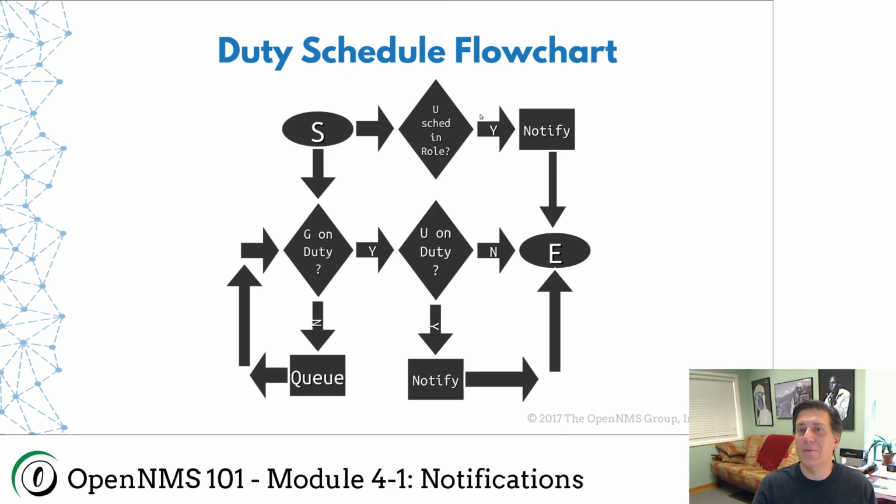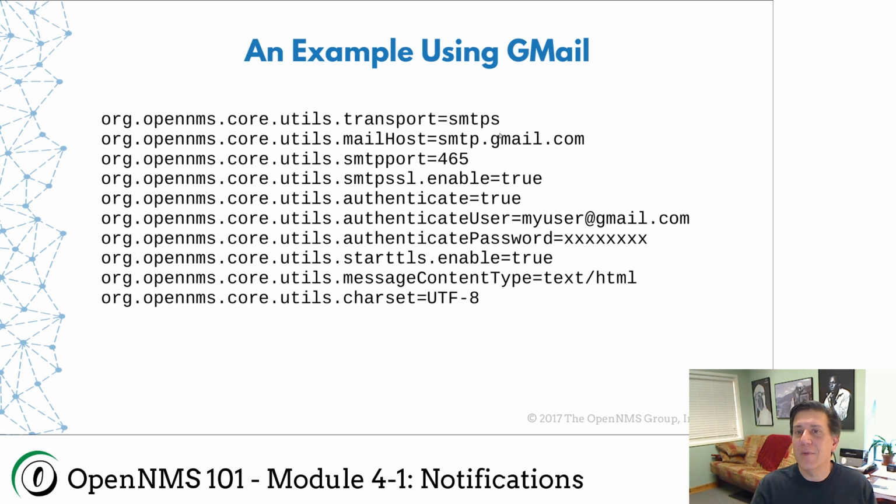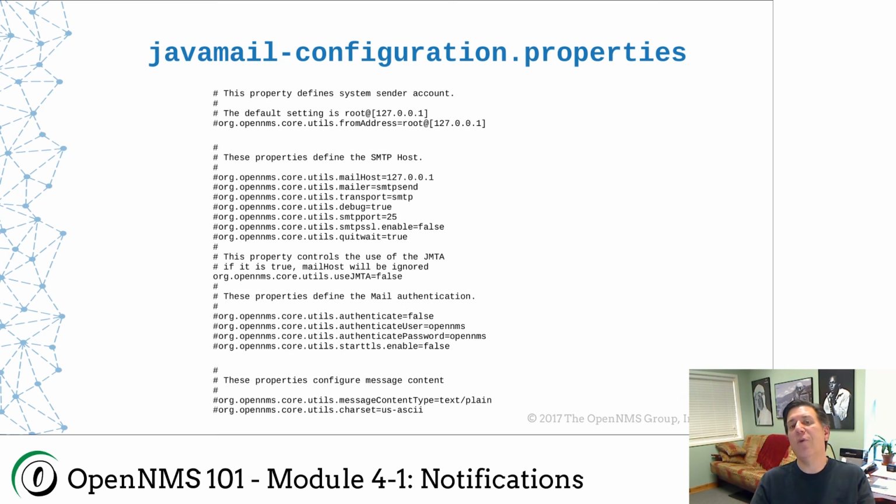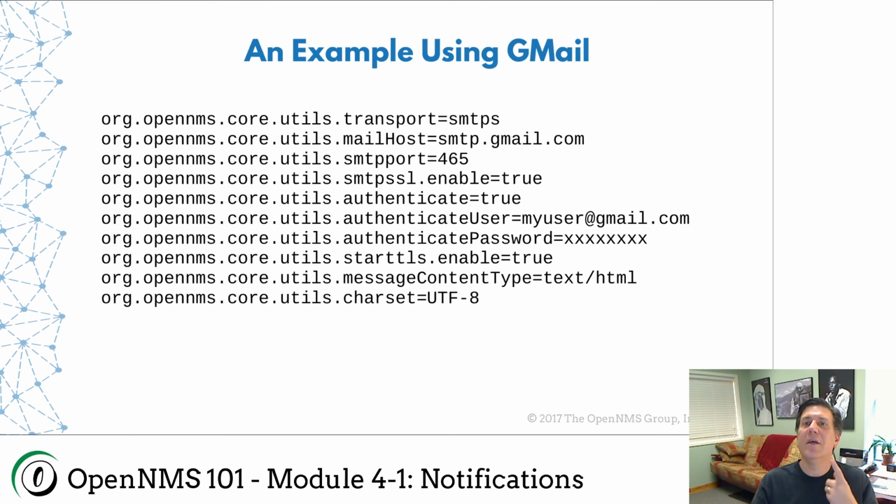So we say use SMTPS, connect to smtp.gmail.com on port 465, use SSL, and authenticate using your username at gmail.com, your Gmail password, and send the message as HTML. And so this will actually work. If you set up a username in Gmail, you can actually use this to send to Gmail from OpenNMS. So again, javamail-configuration.properties sets up how mail gets sent. And here's an example using an alternative email versus the email configured on the server itself.